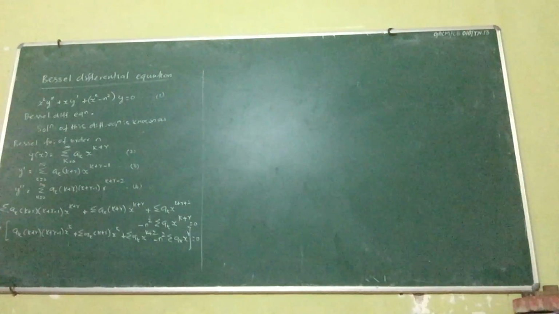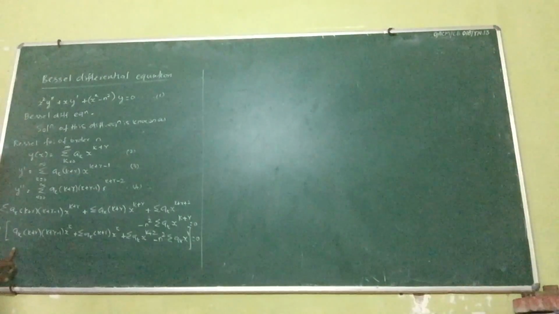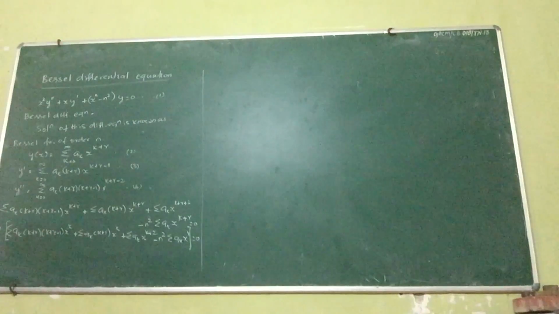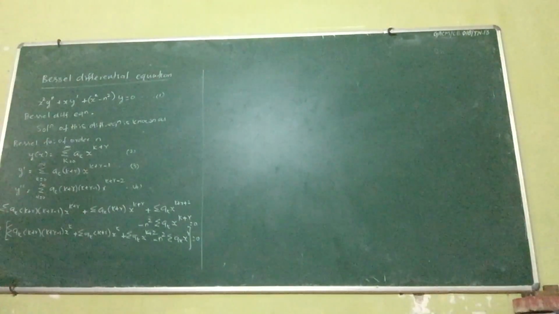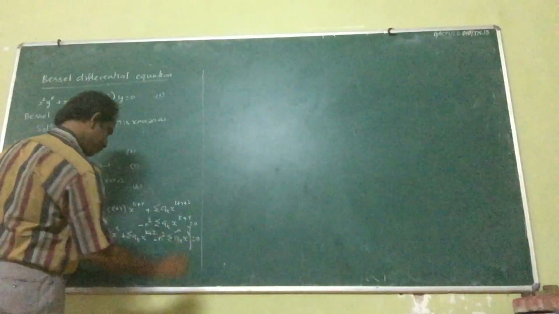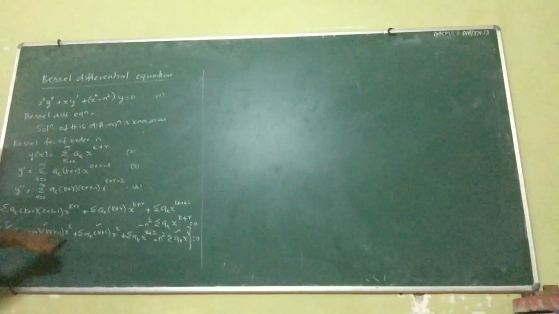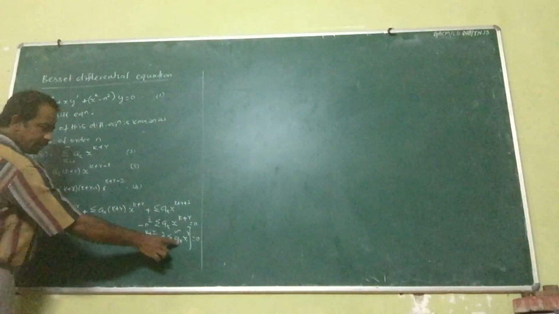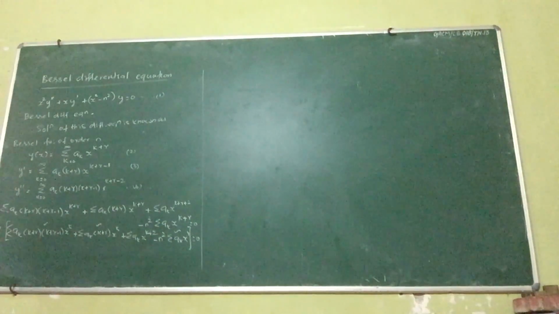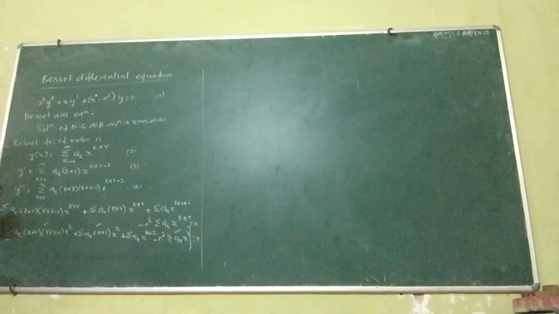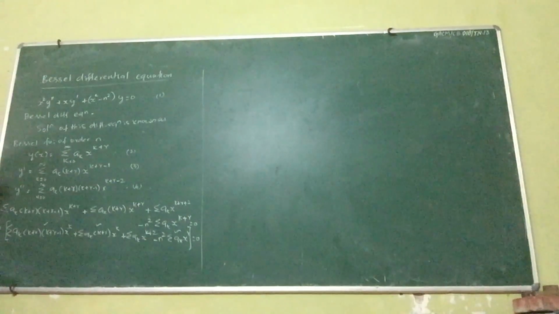Look at these three terms: x to the power k is common, so I can pull x to the power k out. Since x to the power r cannot be equal to 0, the rest must be equal to 0, so I can remove x to the power r.